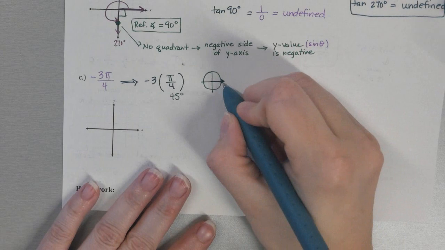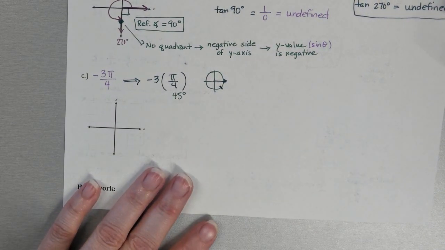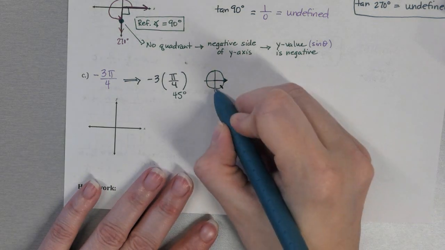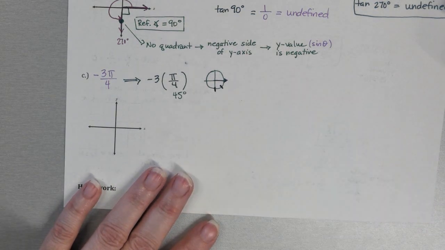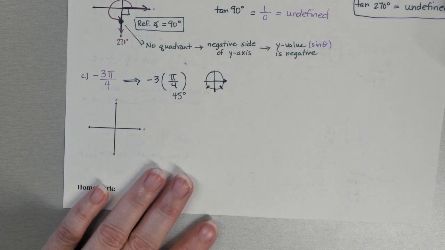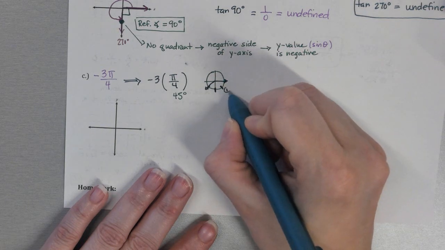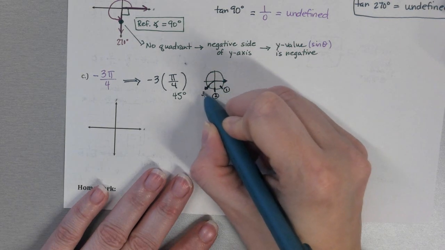Do you guys agree if I start here that this would be the first 45 degrees? And then I would go a second 45 degrees, and then a third 45 degrees. And that's where I would stop. So 1, 2, 3.